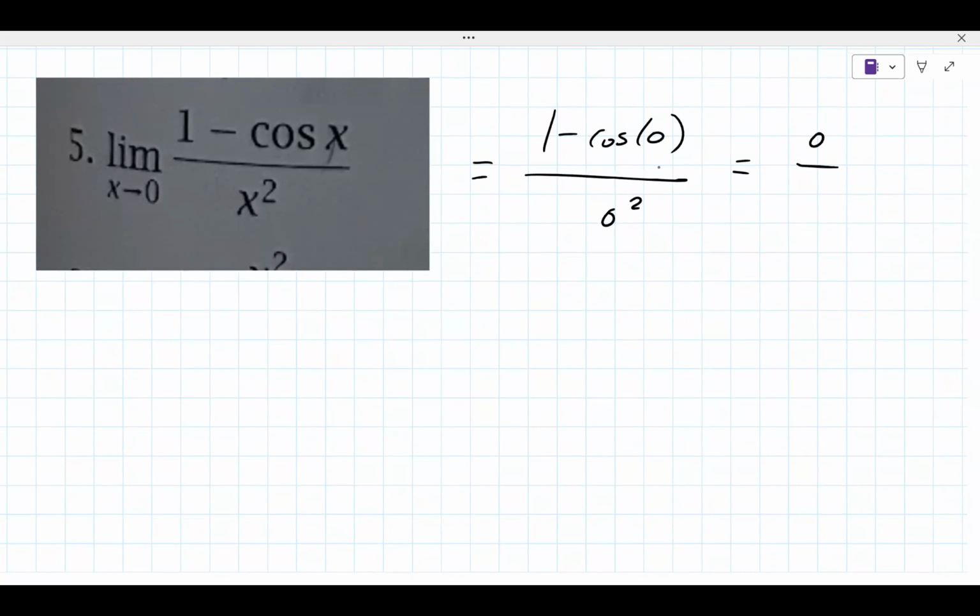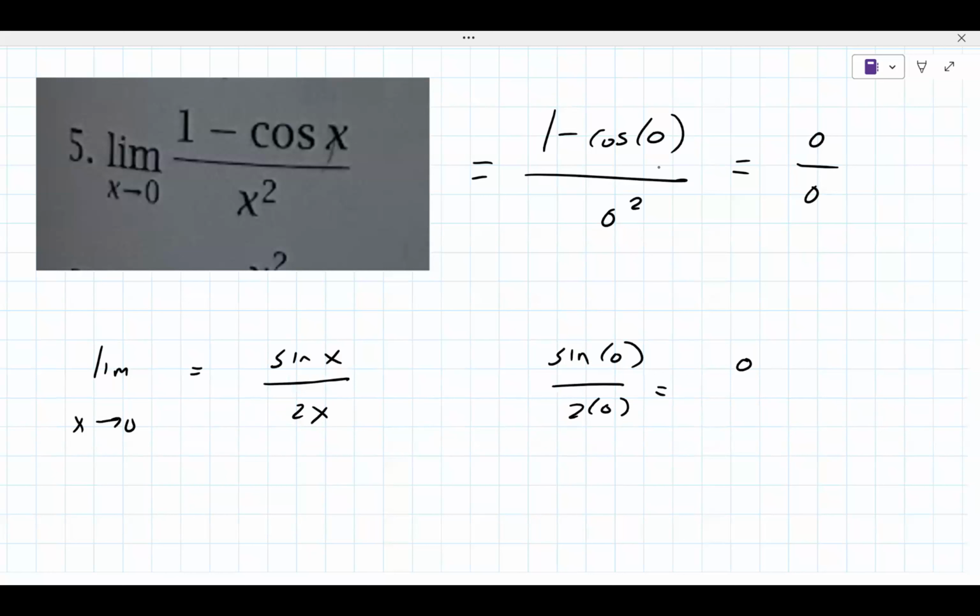This ends up being 0 over 0, at least like to see something in that direction. The derivative of the top this time, derivative of cosine is minus sine, but it's already got a negative, so you get sine x over 2x. Problem here is it's sine of 0 over 2 times 0. It's again 0 over 0, so you got yet another indeterminate form.